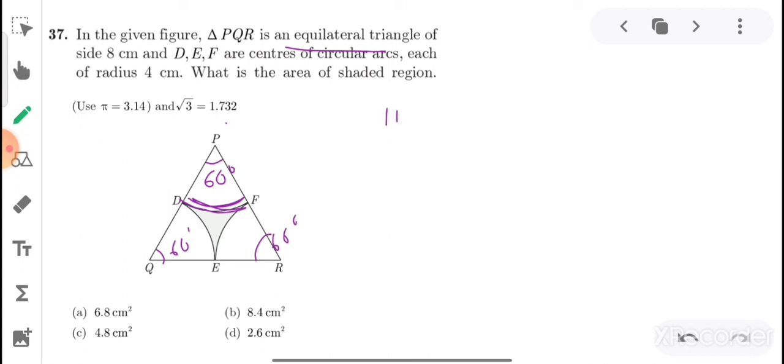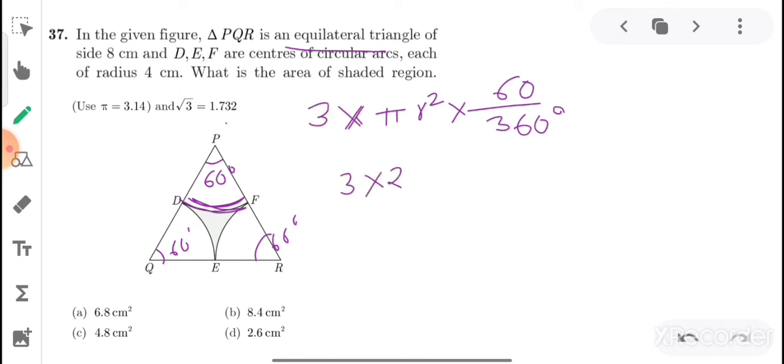So the area of a circular region will be pi r square into 60 by 360, and 3 circular regions are there, so multiplied by 3. Just calculate the value by putting 3.14 as the value of pi and putting the value of radius, and it will give 1 by 6.